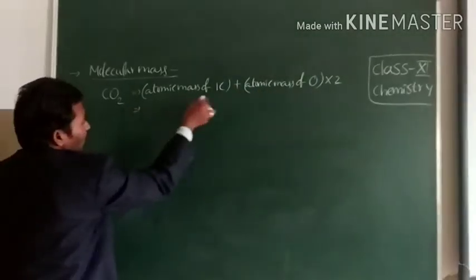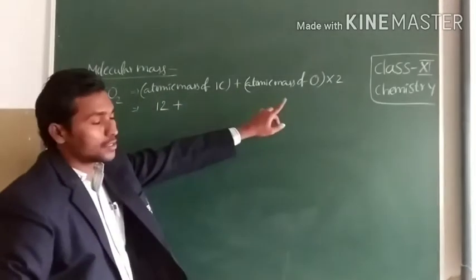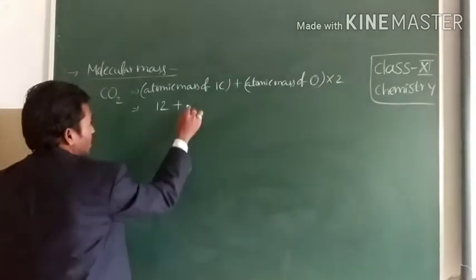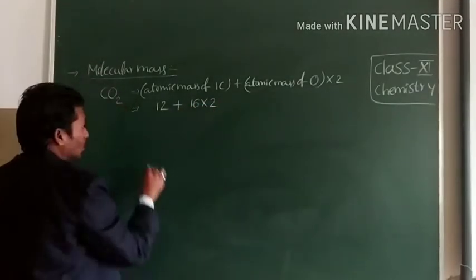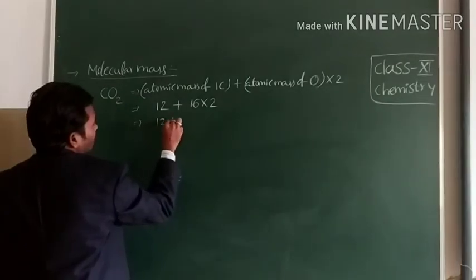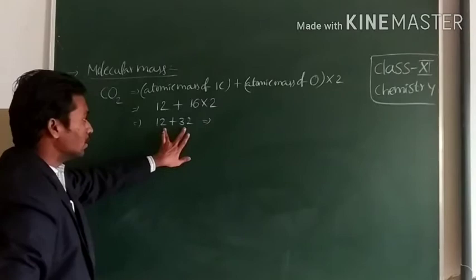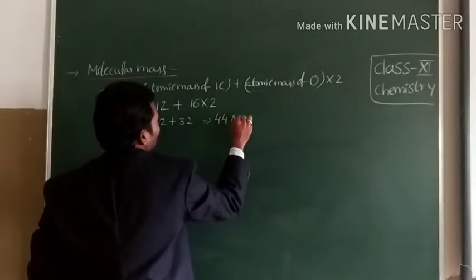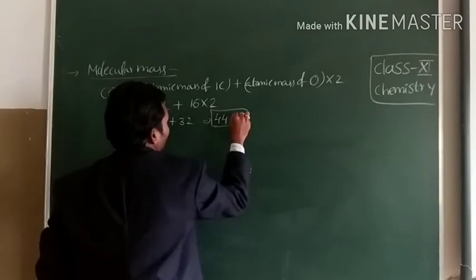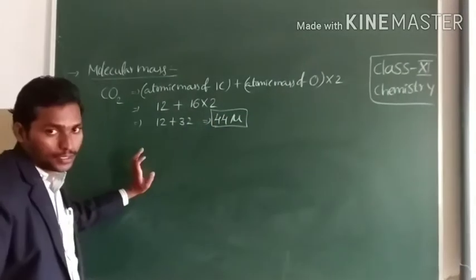We know that the atomic mass of carbon is 12, plus the atomic mass of oxygen, 16, into 2 atoms. So 12 plus 32 is equal to 44. 44 mu is the molecular mass of carbon dioxide.